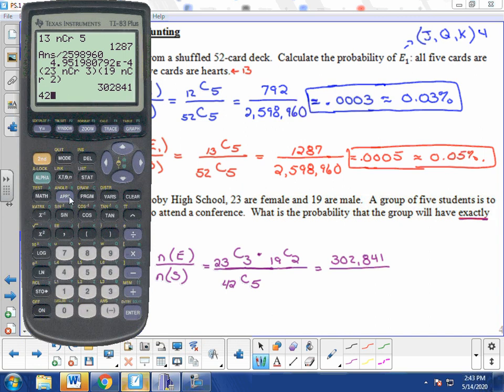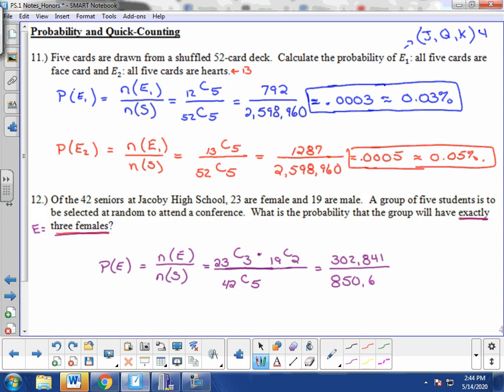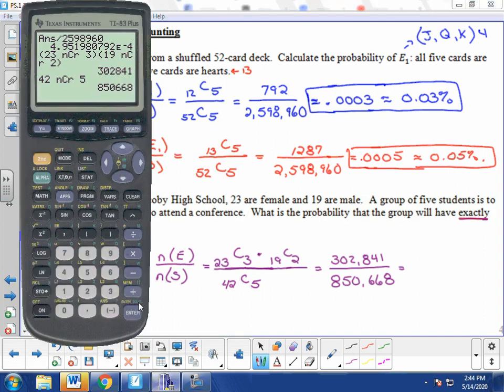Now, out of the total students, it would be 42 choose 5. There are, in general, 850,668 different combinations of students that I could have. And this is accounting for having all females and having all males or numbers that are disproportionate. And again, order can vary through here and give you different combinations. So we want to divide these two numbers: 302,841 divided by 850,668.